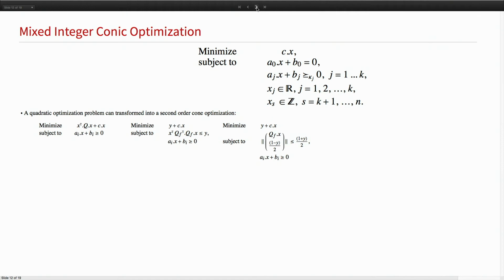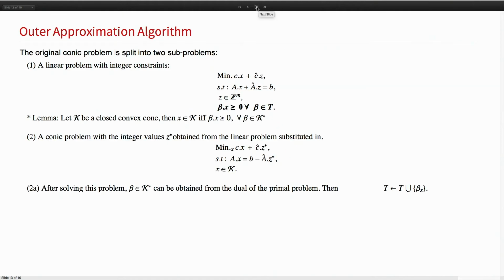All right, so how do we go about solving a mixed integer problem? Well, we use what is called an outer approximation method, and this was developed by Miles Lubin. You can look him up. His MIT thesis is available online. It's very readable.